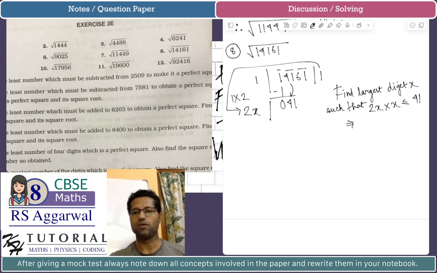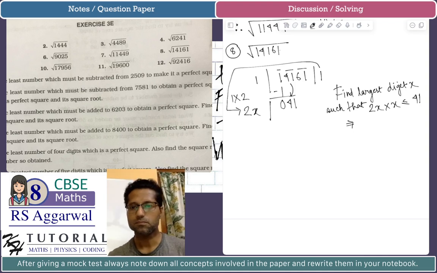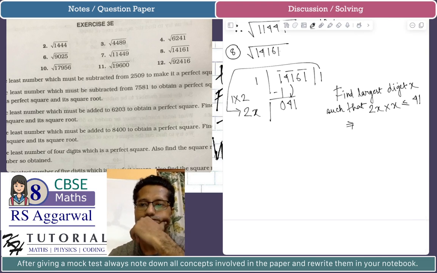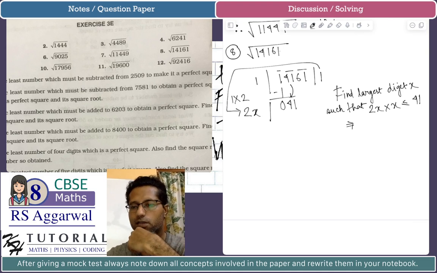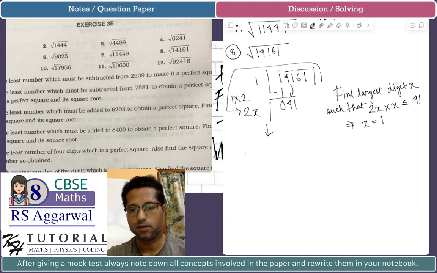This 2x is a 2-digit number, where the leftmost digit is 2 and the rightmost digit is x. So x cannot be 2, because 22 into 2 is 44, so it has to be 1. After substituting x as 1, we get 21.